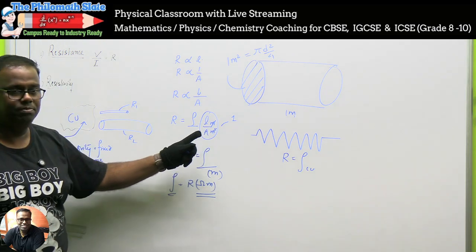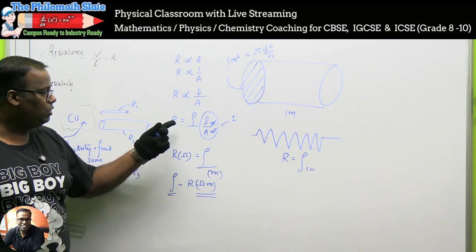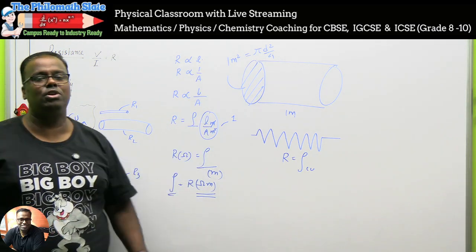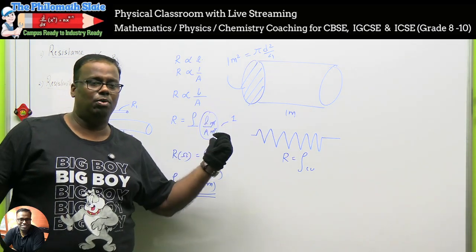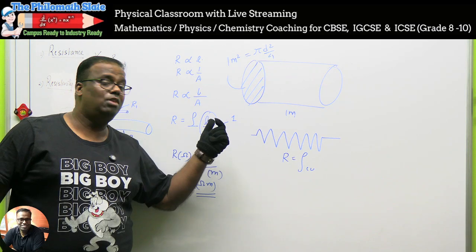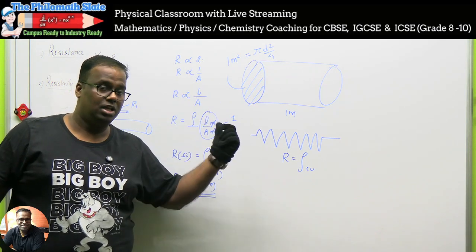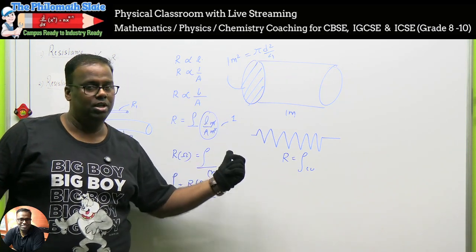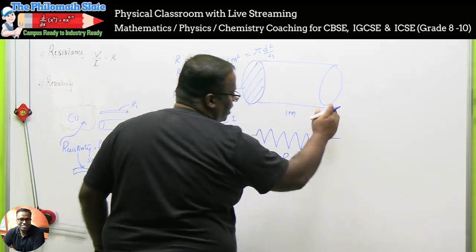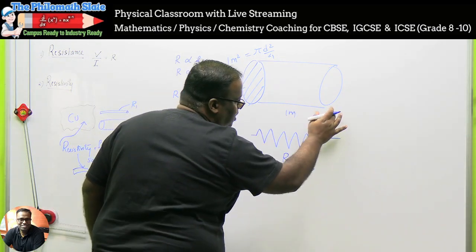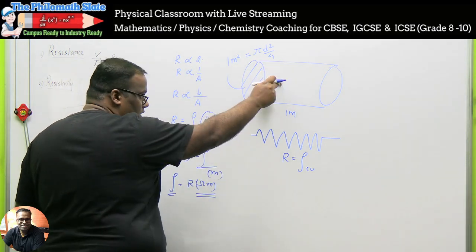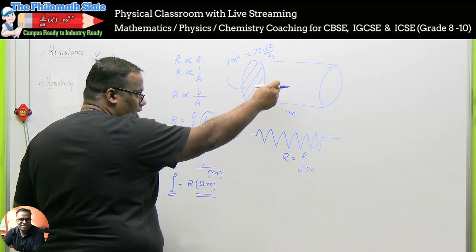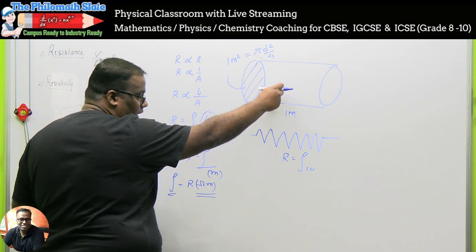It comes from this formula: rho can be made equal to R only when you make L upon A as 1. L upon A is 1 means make L 1 and A 1, and remember, L will be 1 meter, A will be 1 meter square. Means make a wire whose length is 1 meter and cross-sectional area is 1 meter square. The resistivity of the material you make it from is the resistance of this typical wire.